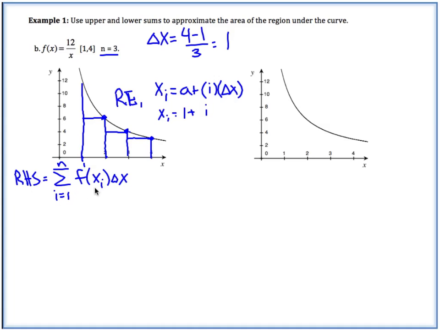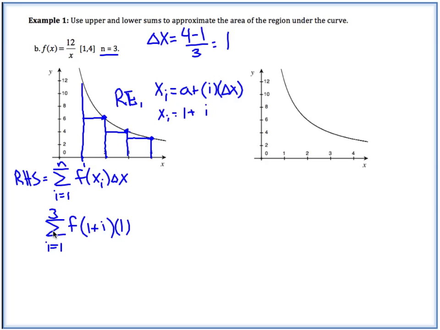So let's go ahead and substitute in everything we know here into this sum. We know i equals 1, n equals 3, so it's the number of subintervals. And this is going to be f of 1 plus i. And then delta x is going to be times 1.